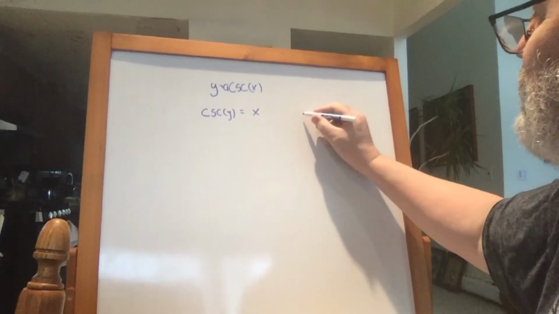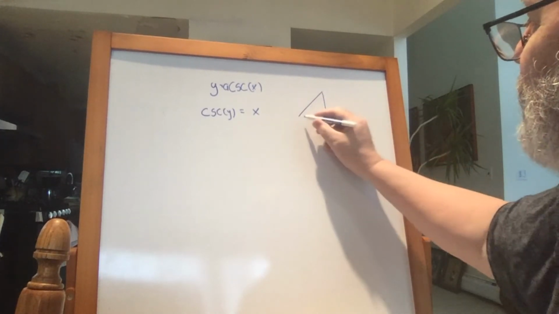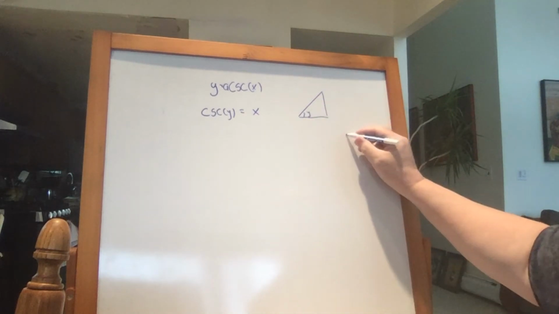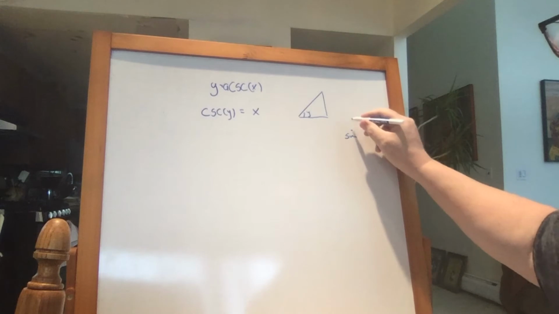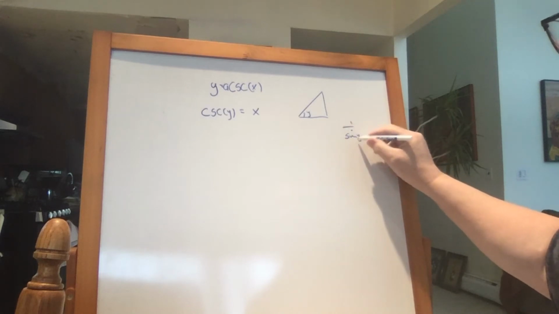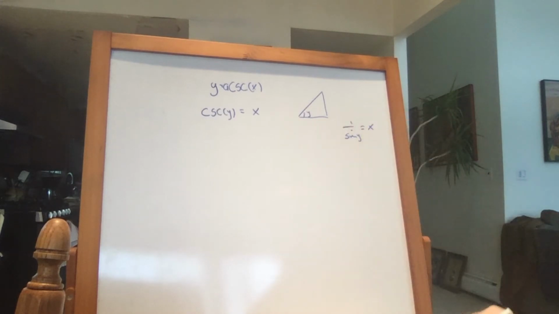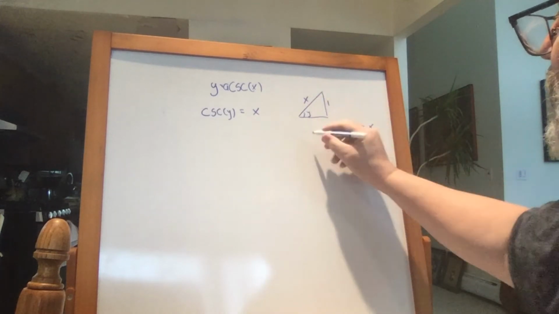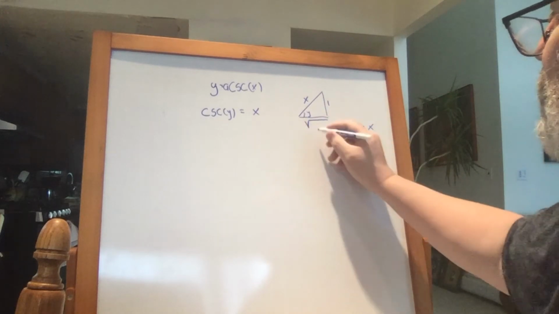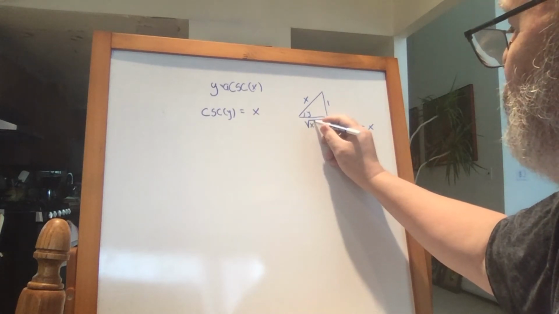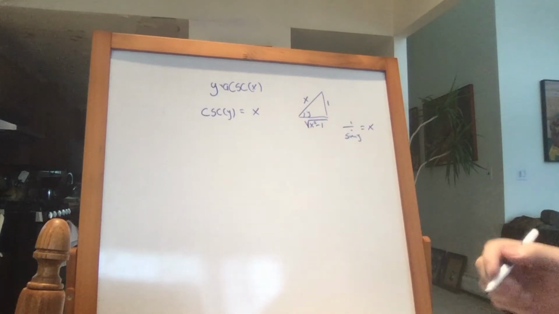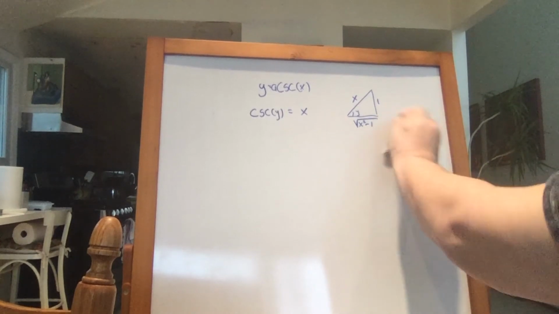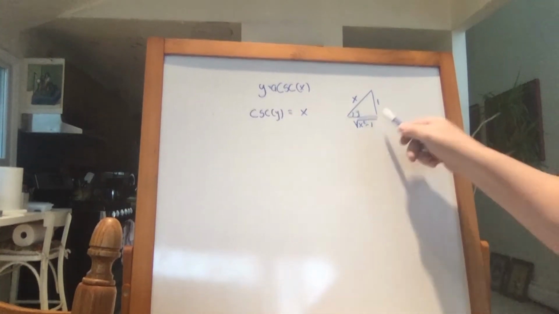So, our important step. Now, 1 over the sine of y equals x. So we've got x here, 1, and this is the square root of x squared minus 1 down there. This is the step that you really need to be careful.